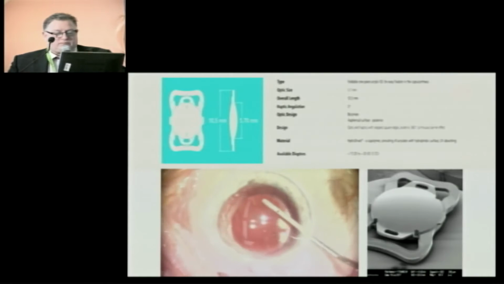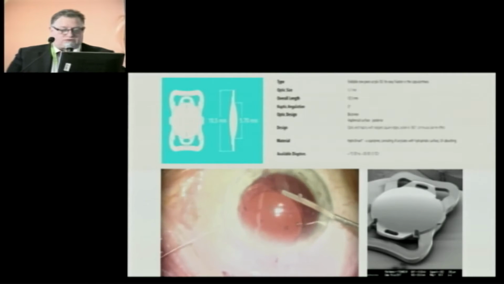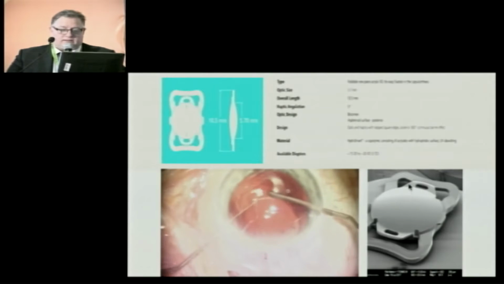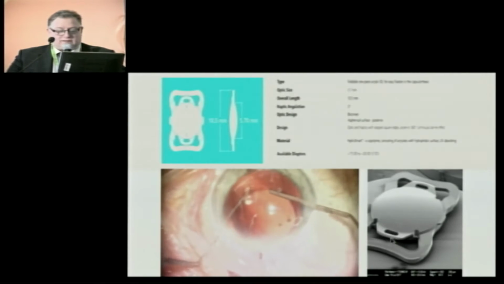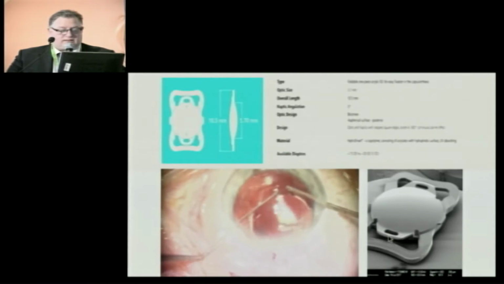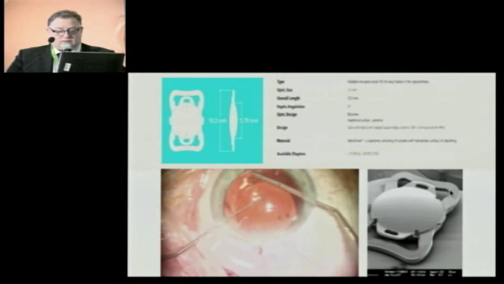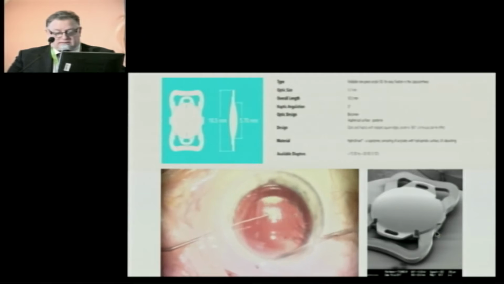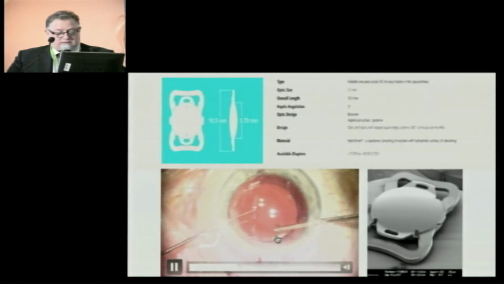And the lens that you put in is a special lens made that has two big and two small little extra things that will be fixated in the little wings that will be fixated in the capsulotomy. So these big haptics are in the capsular bag, and the Capsulorhexis is around here fixated. And you can see here how we adapt this.